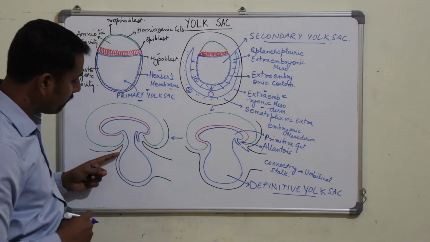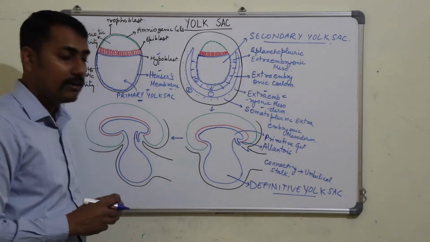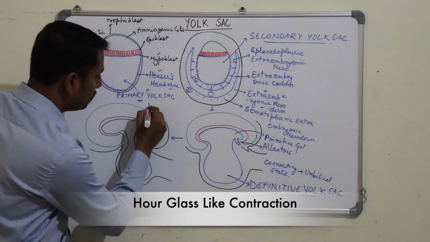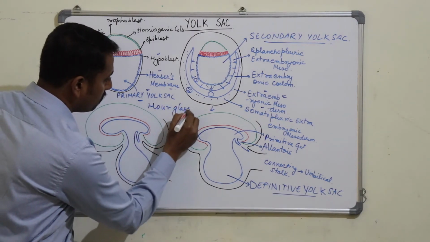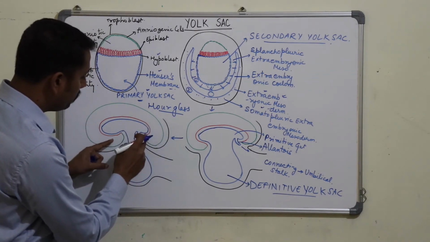In this diagram, this extra embryonic part of the yolk sac, or the definitive yolk sac, will undergo hourglass-like contraction, which is due to the folding of the embryo.